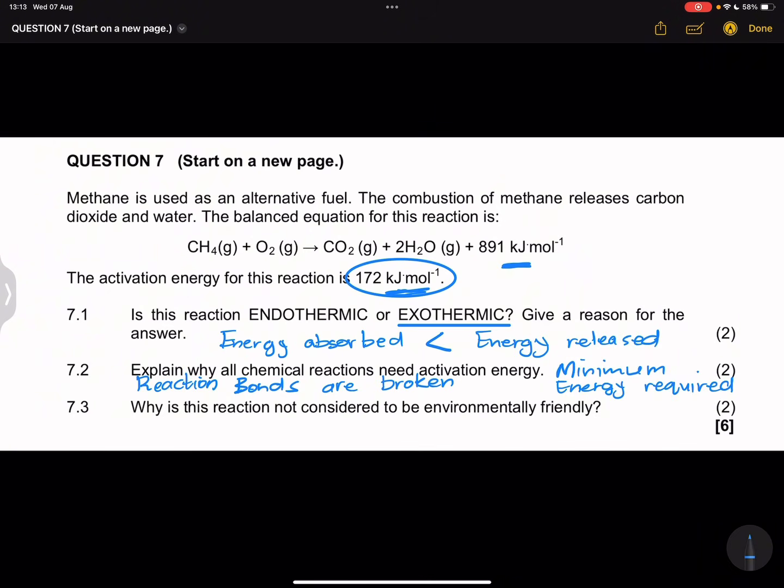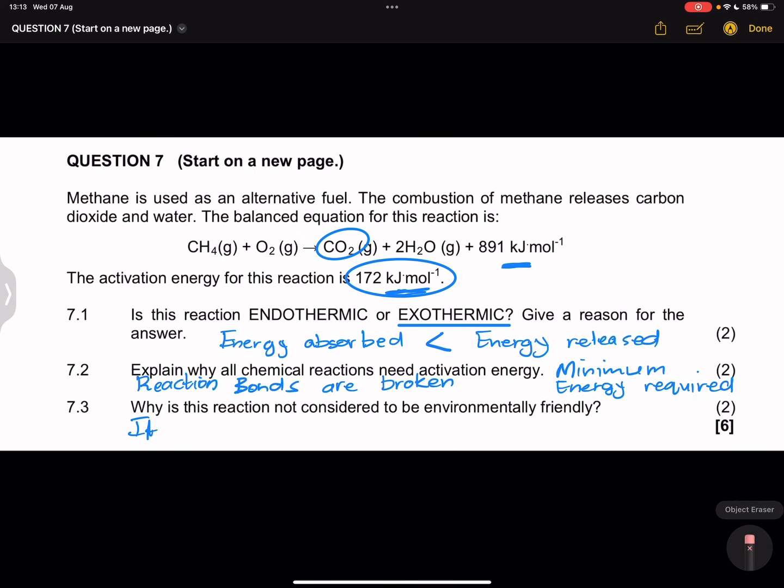And finally, they say, why is this reaction not considered to be environmentally friendly? What I noticed there is that it releases carbon dioxide, which is a greenhouse gas. Well, look at my spelling.